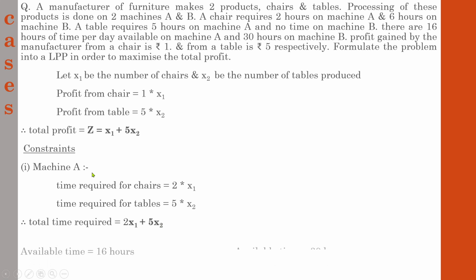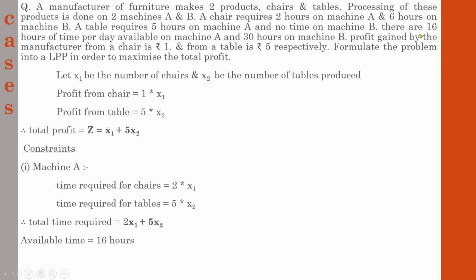Next one, machine B. And in this question it is also mentioned that there are 16 hours of time per day available on machine A. So in order to produce 2x1 and 5x2, we have 16 hours. So the time you can use out of machine A is 16 hours.